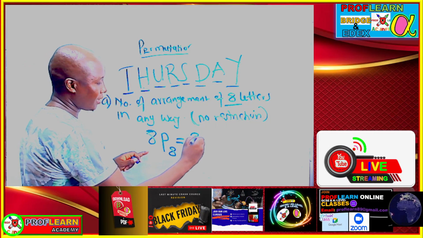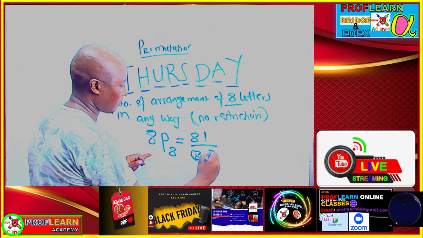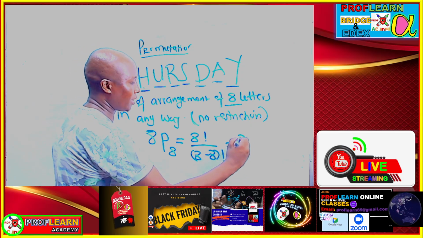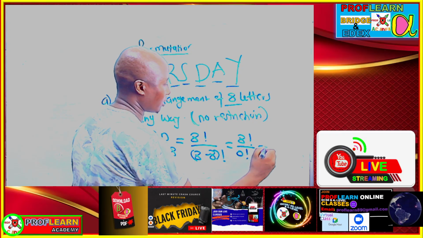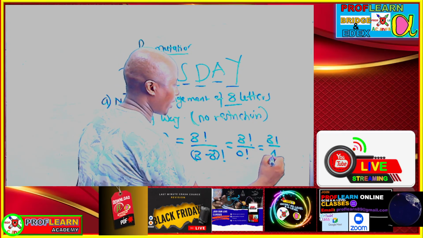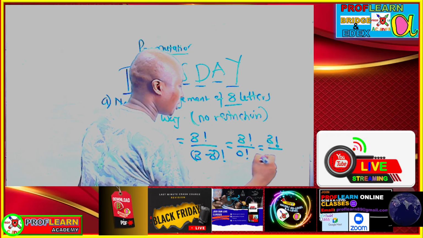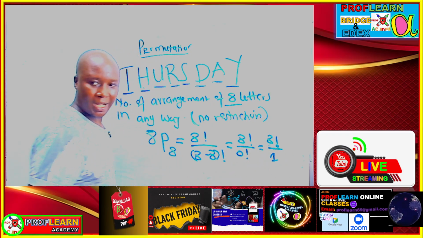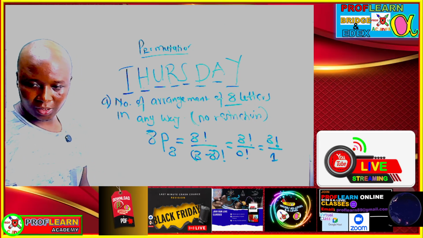That is going to be 8 factorial over 8 minus 8 factorial, which is 8 factorial over 0 factorial, which is 8 factorial over 1, because we know that 0 factorial is 1. That's what we began by talking about in this particular tutorial.